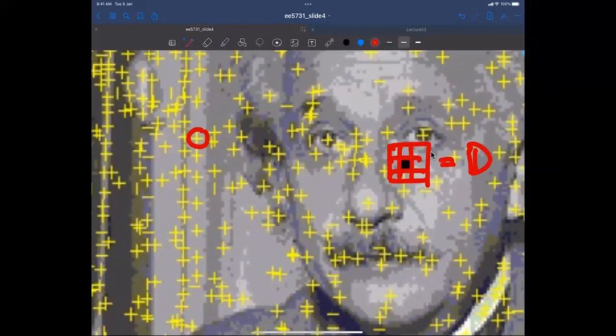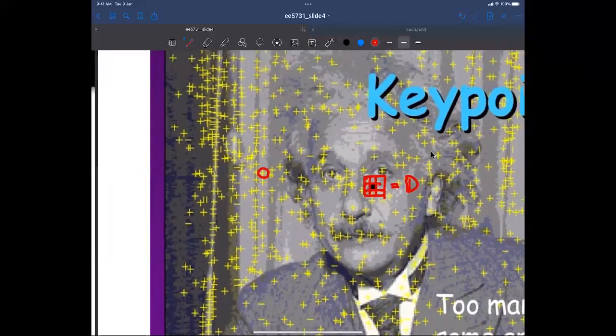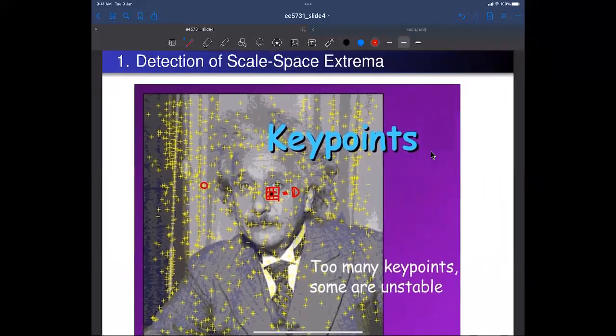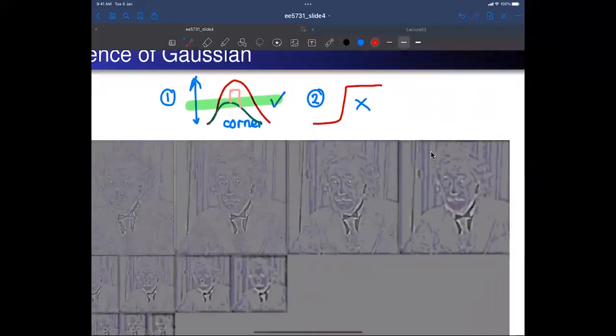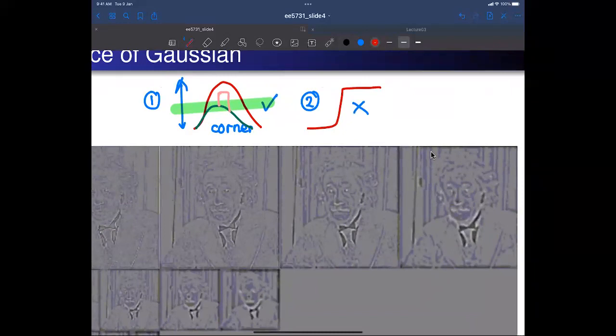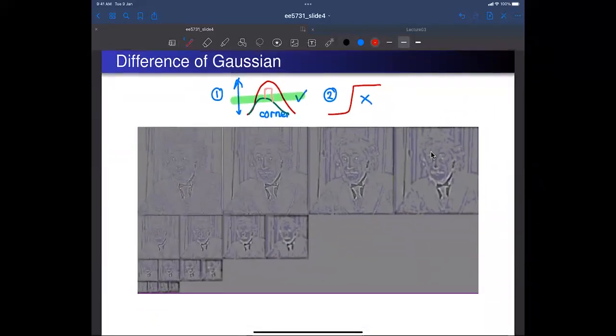I do not know. But if we just believe that this is the DoG, then it is not a corner. That's an edge actually. So according to David Lowe, many of the key points lie on edges, and we want to reject key points that lie on edges.